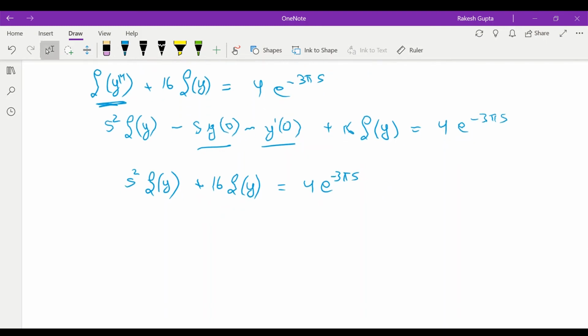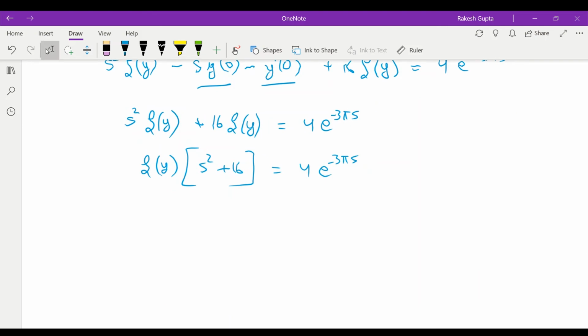So I take Laplace of y common. Now I write Laplace of y as 4 e power minus 3 pi s over s square plus 16. I'm just cross multiplying.